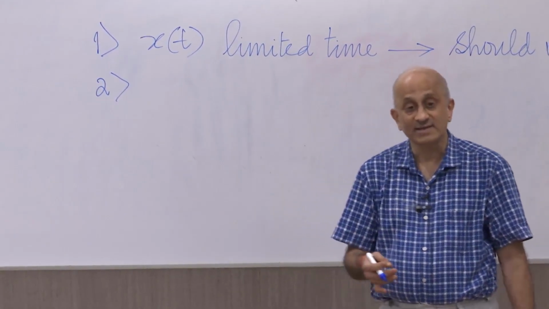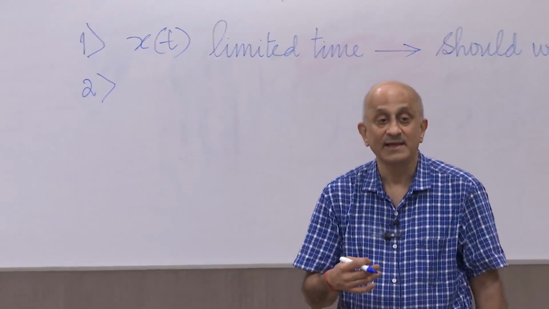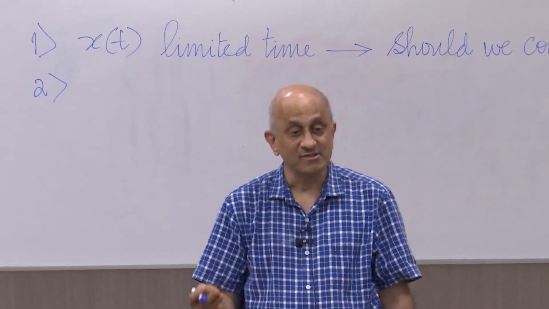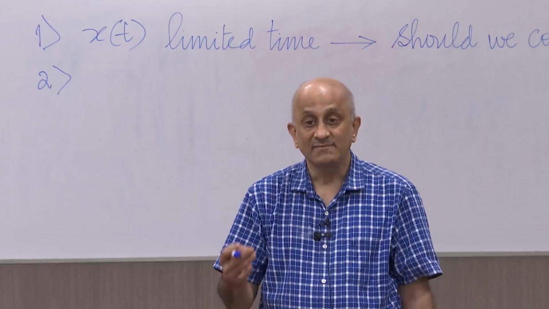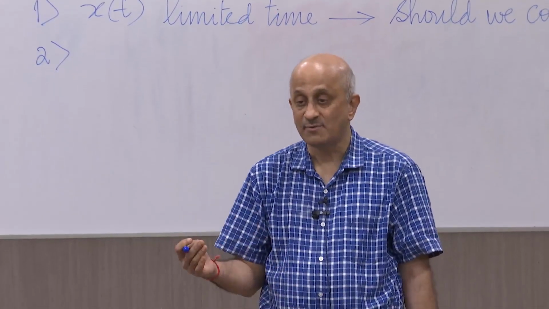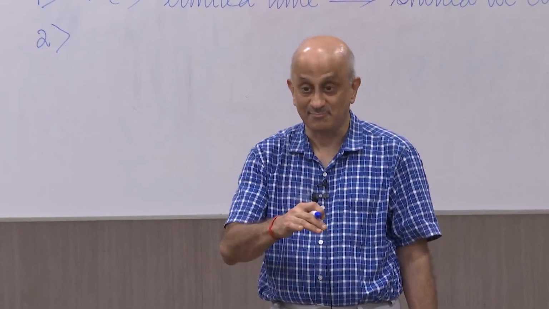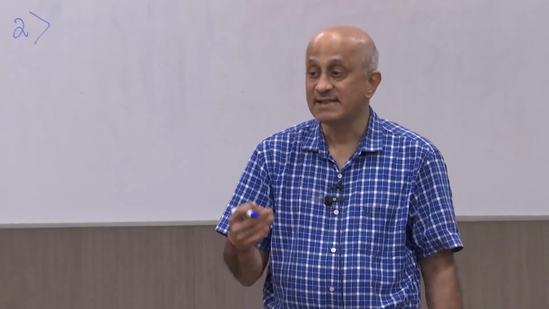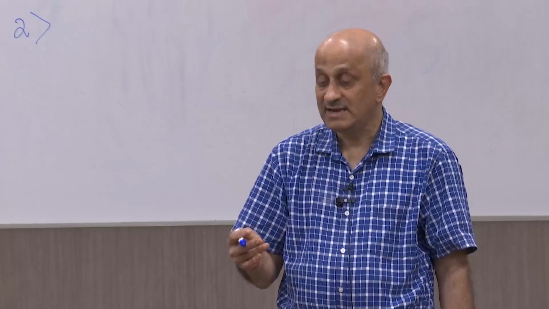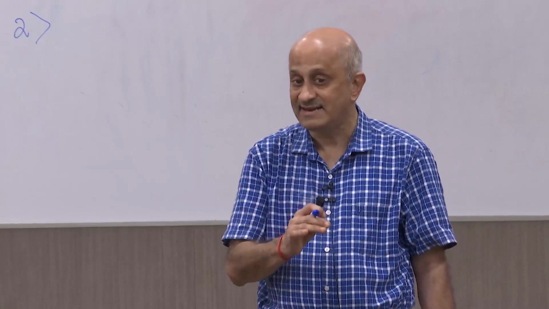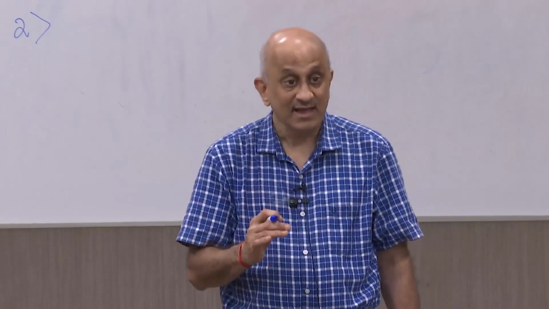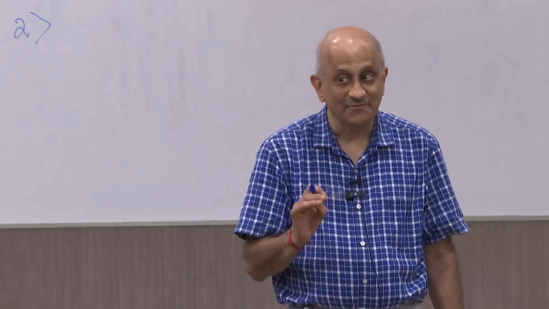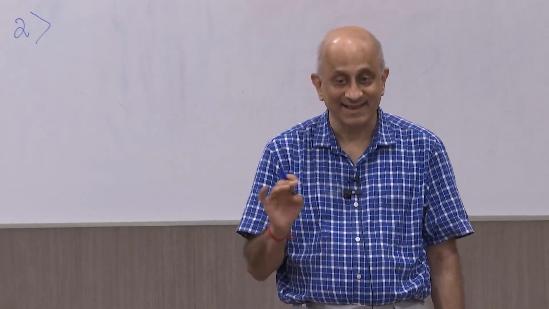But where a function has a Fourier transform, and where the impulse response also has a Fourier transform, it means the system has a frequency response. All systems don't have a frequency response. If a system is unstable, you're not guaranteed that it will have a frequency response. There are unstable systems which have a frequency response. That's a bit of a tricky marginal case.